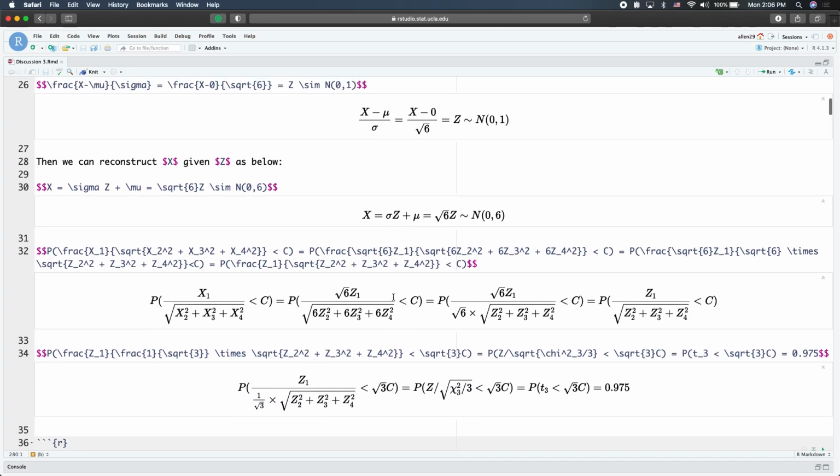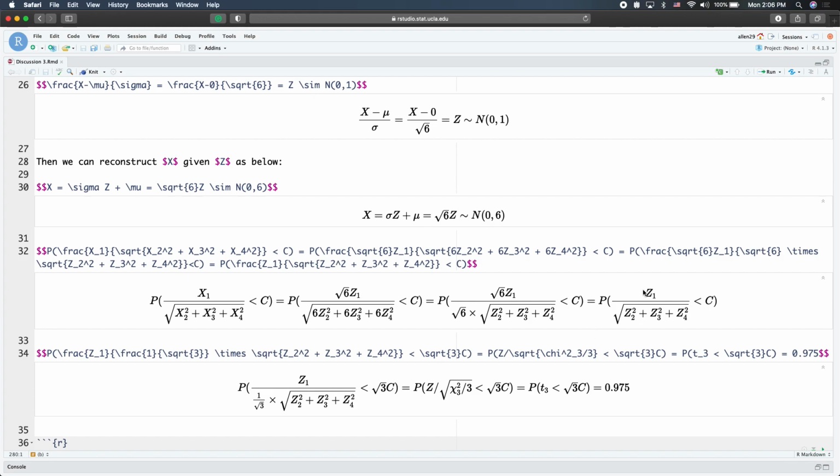With that construction, we can now rewrite the quantity of interest. So this is from the question, and then we rewrite each of the xi in terms of mu plus sigma multiplied by z. So this is square root of 4, and then the same below. We can see that the constant term can be canceled out from the numerator and denominator.